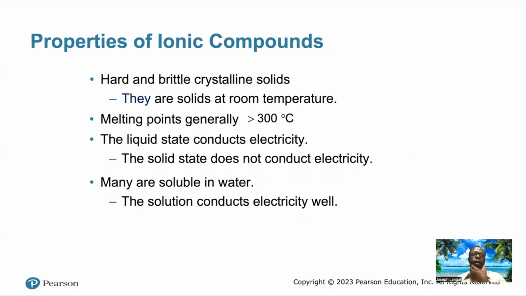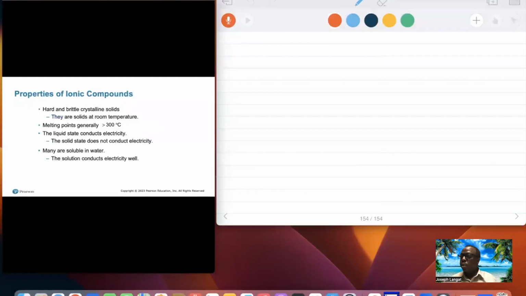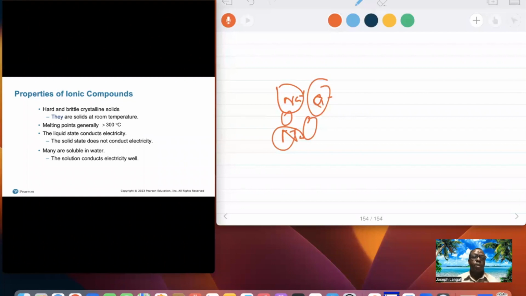So properties of ionic compounds, you should know, hard, brittle. Why is it that ionic compounds are brittle? It's because if we have sodium positive, chlorine negative, what happens here is alternating positive and negative.